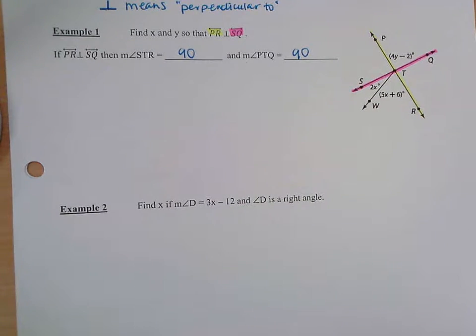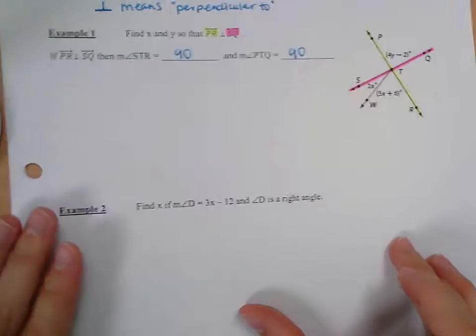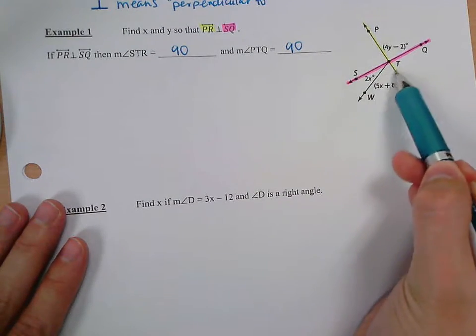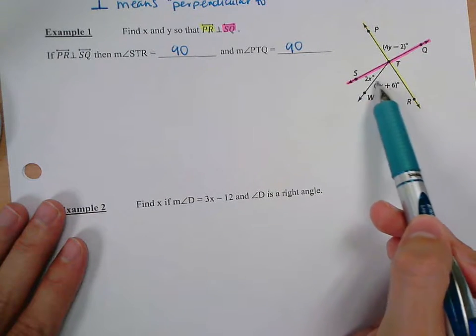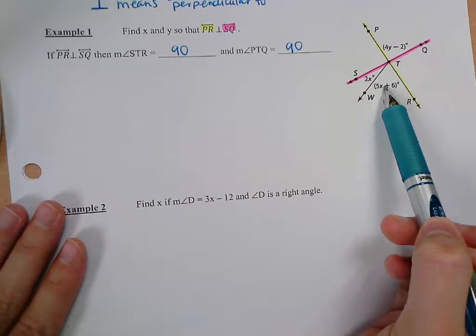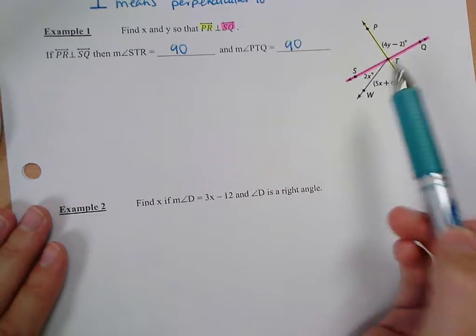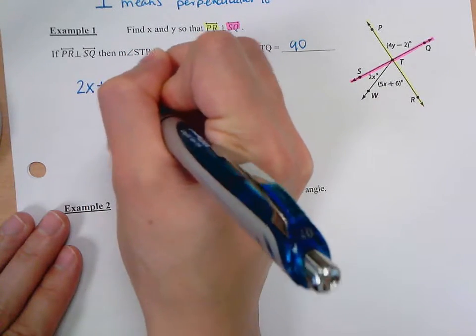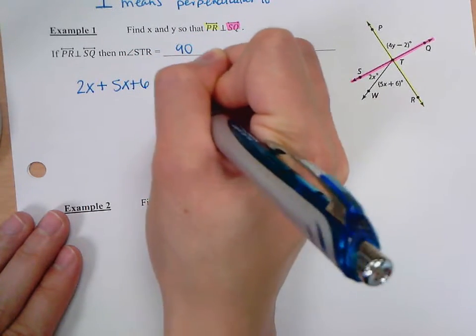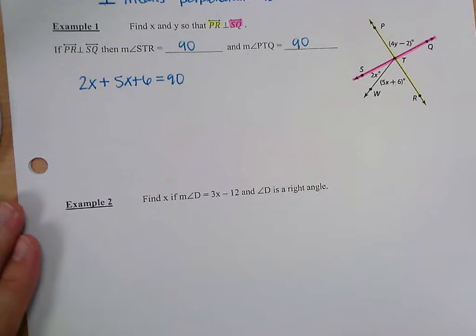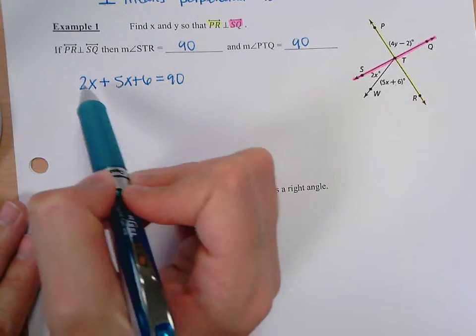So you're setting up equations to find both x and y. Based off of this angle being 90, these two smaller angles we have must be complementary. They must add to 90. So one equation would be that 2x plus 5x plus 6, those two angles must add to 90. There's an equation I can solve. If I solve this for x, I'll combine my like terms.